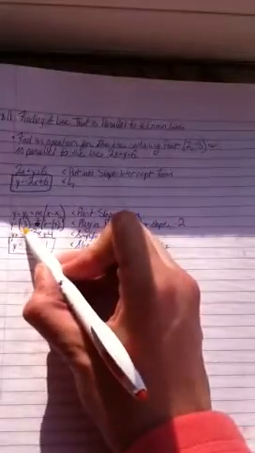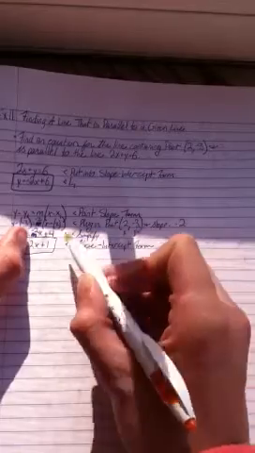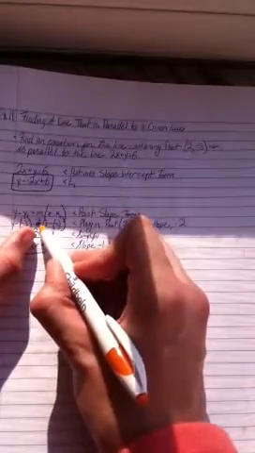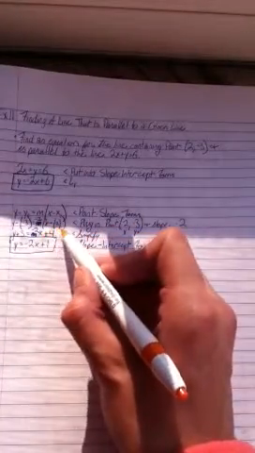So we're going to have y minus negative 3. That's y. Then m is our slope, we got that here, and then x minus x1, which is 2. So it's going to look like this.